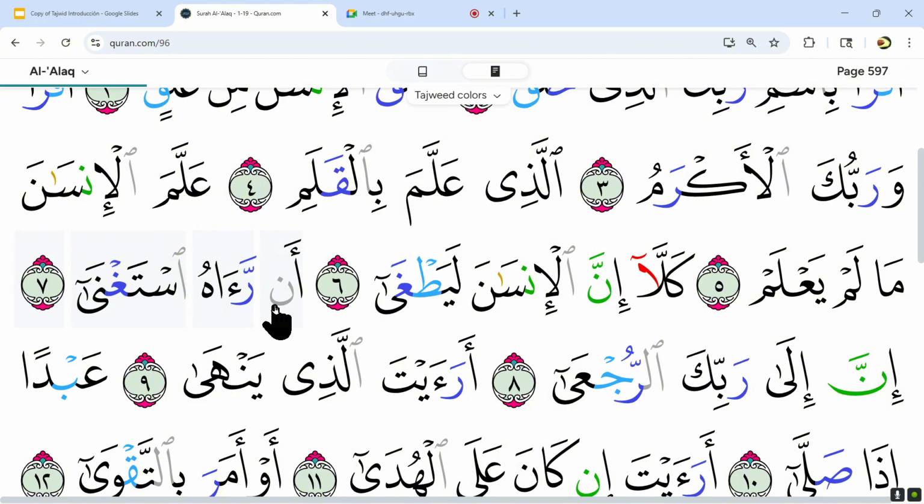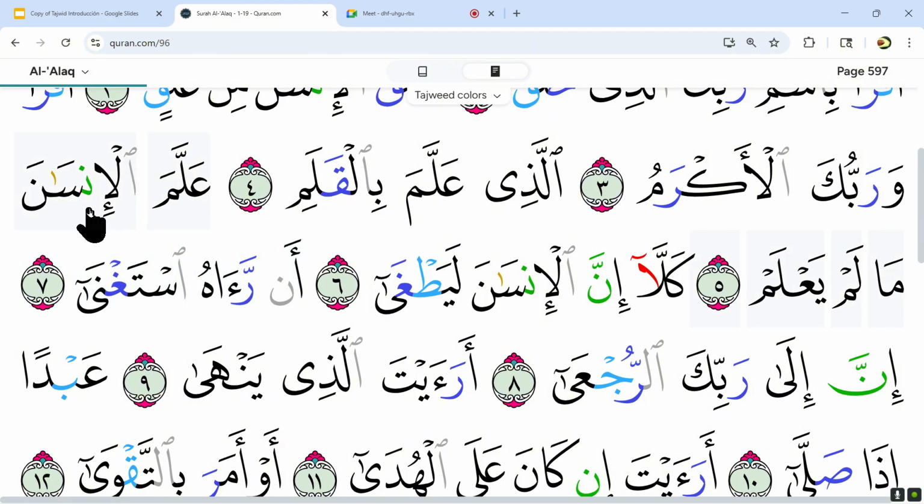Are we canceling out the sukun, or is it the idgham? It's idgham, yeah. So we're not pronouncing the noon. It's double R. Adding one letter to another one, so the noon is canceling out and joining the R. So it's أن رآه.